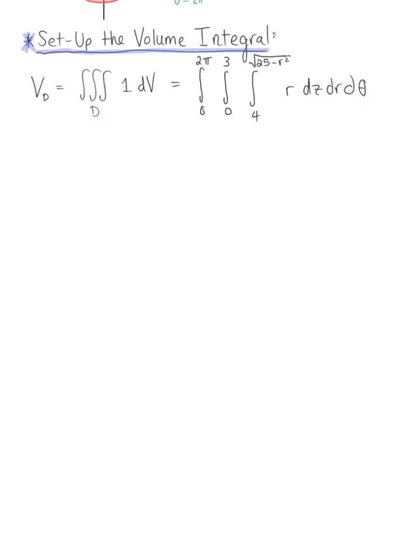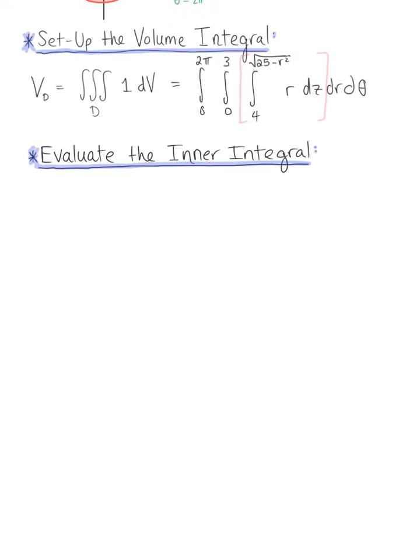Looking at this triple integral, we can identify the innermost integral with respect to z, and we're ready to evaluate it. We have the integral from 4 to the square root of 25 minus r squared of r dz. r is a constant here, so the general antiderivative leaves us with r times z.